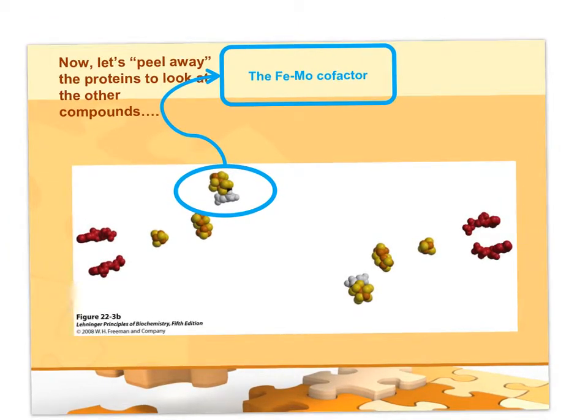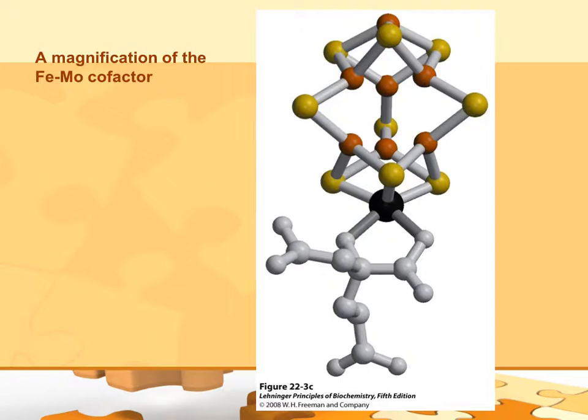Here's an example of the iron along with the molybdenum. And so we can see where the electrons ultimately would get passed off and then ultimately to nitrogen. This is just a blow up of it to show that it's very complex. I would never ask you to identify this or draw it, but just to know that molybdenum is used. There's at least one, if not more, organisms that can even use vanadium instead of molybdenum, but molybdenum is used.